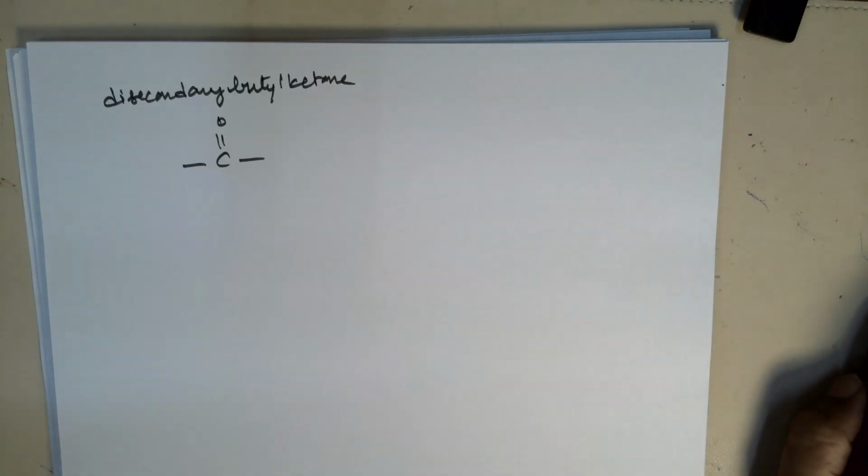Di-secondary butyl. Okay, so it is represented as di-secondary butyl.